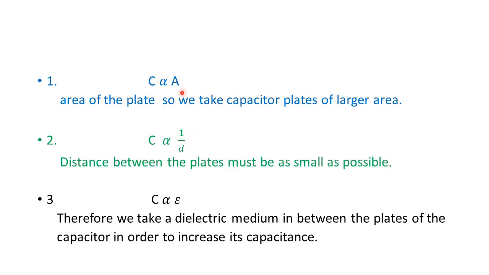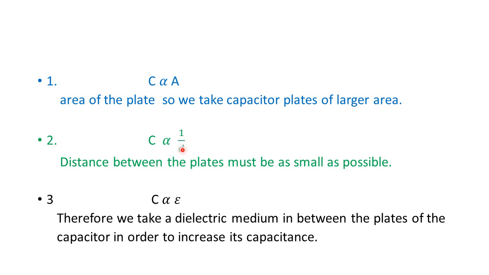C is directly proportional to area of the plate of the parallel plate capacitor. So greater is the area of the plate, greater will be its charge storing capacity. But there is certain limit. After that limit, we cannot increase the area of the capacitor plate because it will become too bulky. And second factor is it is inversely proportional to separation between the plates.